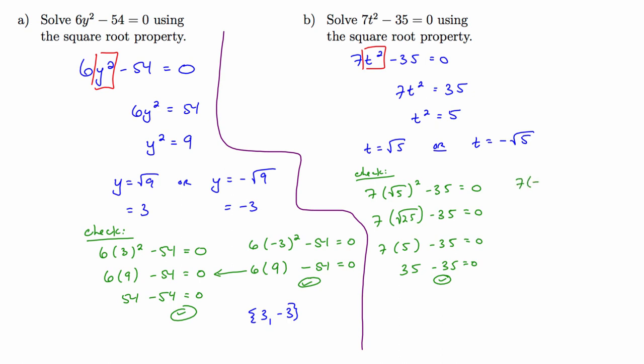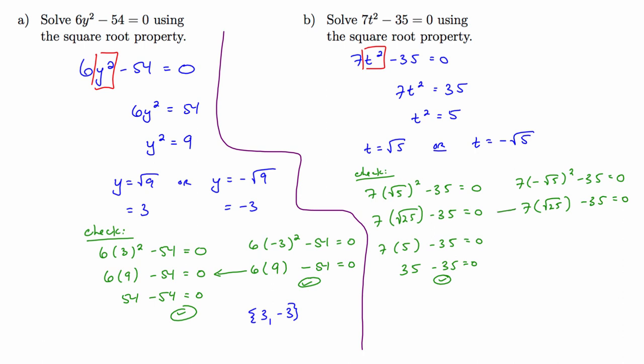To check whether negative root 5 is a solution, we'll do the same thing. 7 times the quantity negative root 5 squared, minus 35, and we're trying to figure out, does that equal 0? We're going to again begin with the radical component. In parentheses, we have a negative root 5, then quantity squared. A negative times a negative will be a positive, and root 5 times root 5 is still going to be the square root of 25. So we're checking, is 7 times the square root of 25 minus 35 equal to 0?